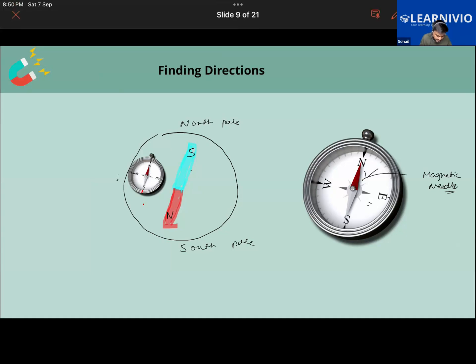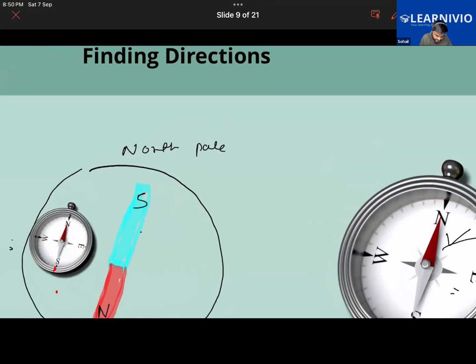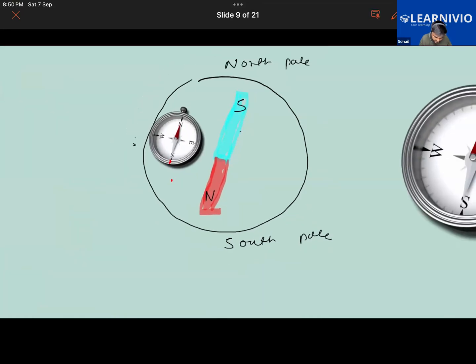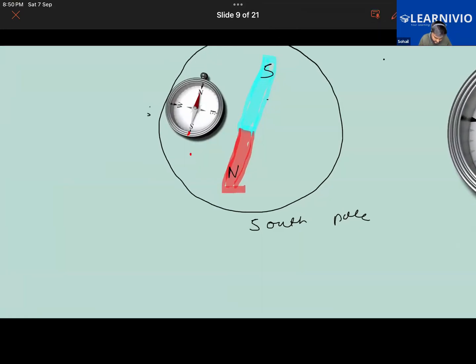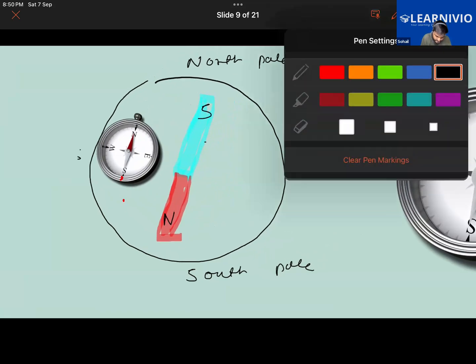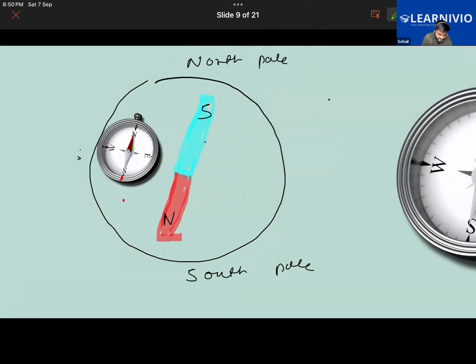Why is it so? Because this here is the north pole of the magnet, and this here is the south pole of the magnet. And we know that opposite poles attract each other, right? This is the north pole of the magnetic compass, and this is the south pole of the Earth. So north and south will be attracting each other.